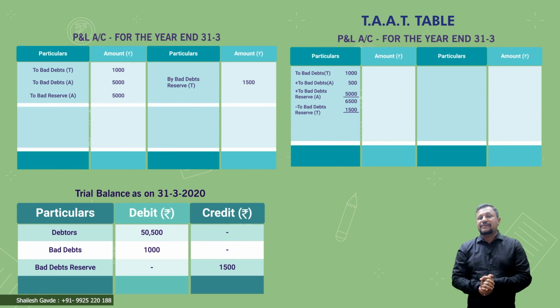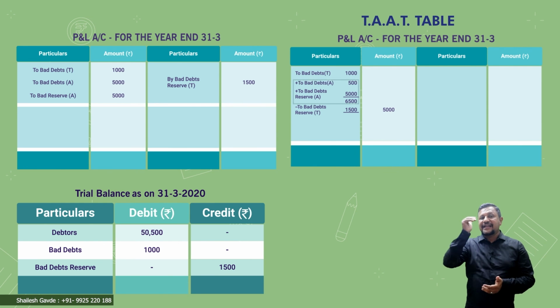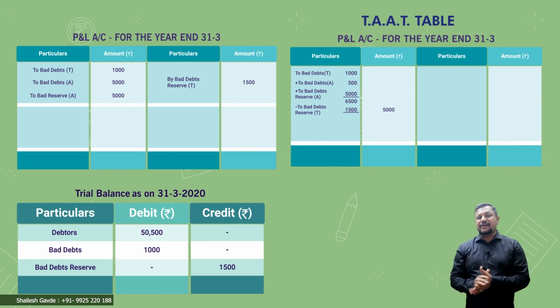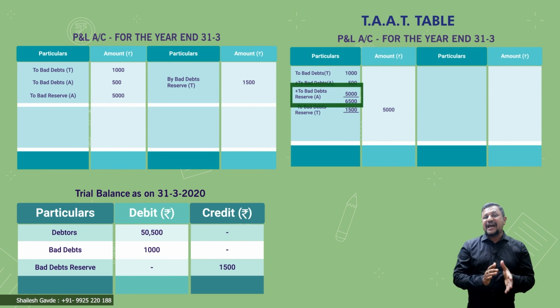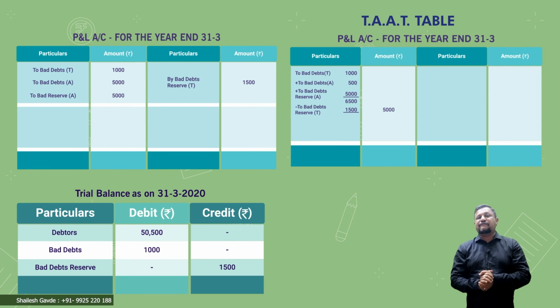So outer column, the net answer of this table will be 5000. So this becomes TAT table. So instead of showing bad debts, trial balance, bad debts adjustment, BDR trial balance, BDR adjustment separately in profit and loss account, we can group them into one table, and that is TAT table.